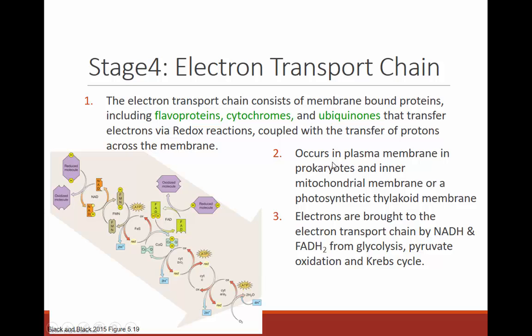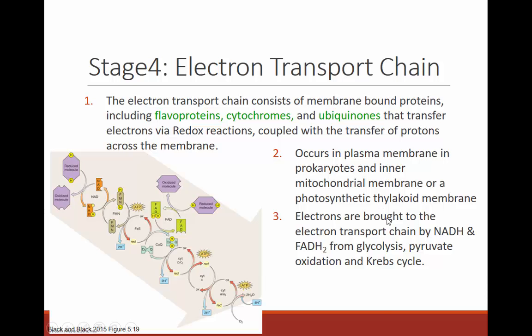And this electron transport chain occurs in the plasma membrane of prokaryotes and inside the inner mitochondrial membrane in photosynthetic membranes.